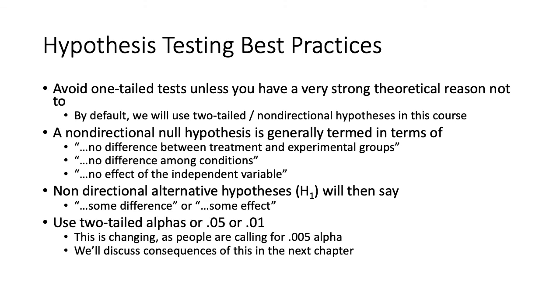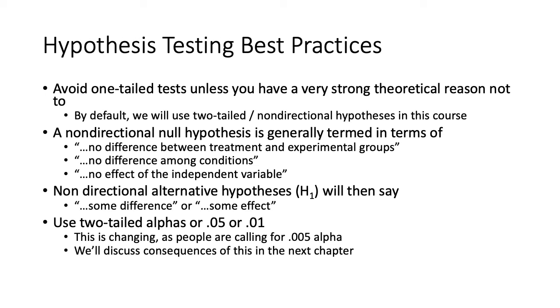We generally use two-tailed alphas of 0.05 or 0.01. This is changing. Some people are calling for 0.005, but we're going to stay with 0.05 or 0.01. Alpha will always be given to you. And if it's not, just assume that it's 0.05.